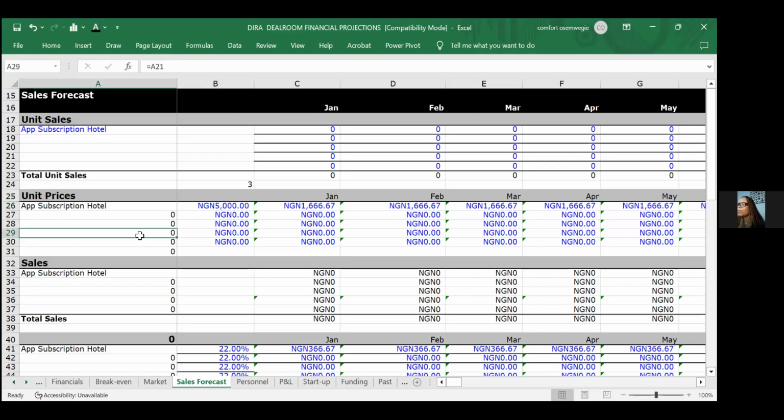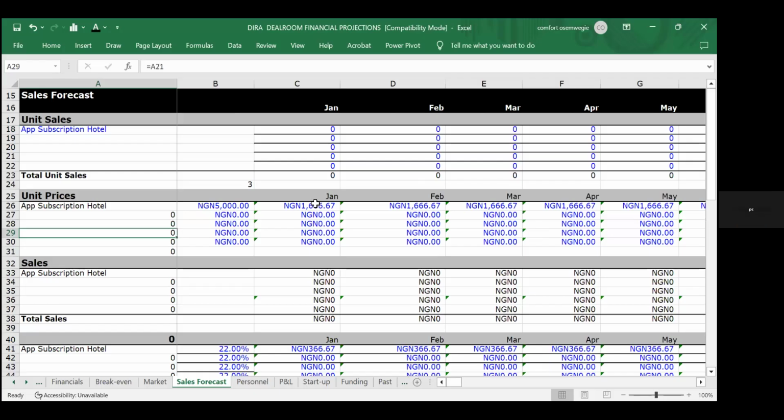Still capturing something. Okay, so it's the back.